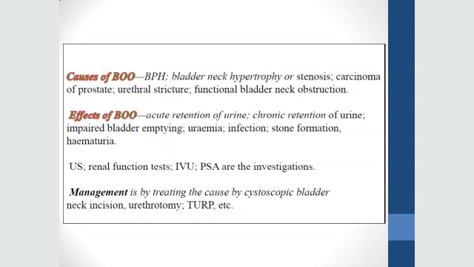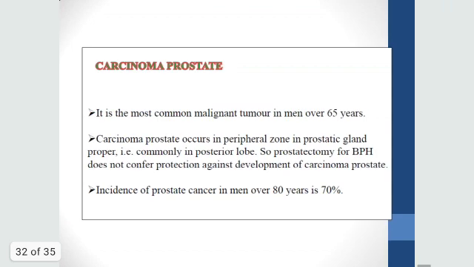What are the investigations we do? Ultrasound, renal function tests, IVU, PSA are the investigations. Management is treating the cause: cystoscopic bladder neck incision, urethrotomy, TURP, etc. So it's basically treating the causes of bladder outlet obstruction.